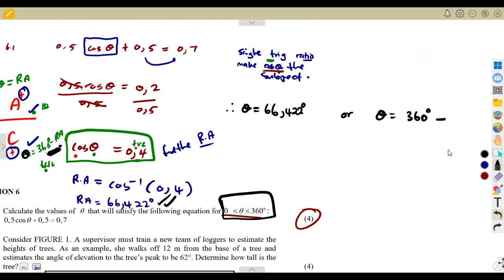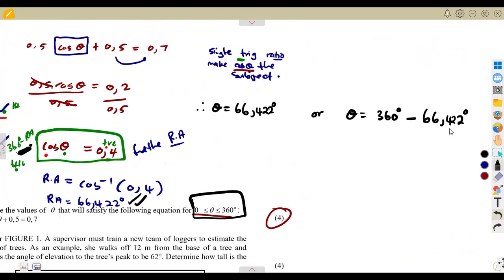And our reference angle is what? 66,422 degrees. That is how you can answer this question. So there we have got our theta. Our theta in this case gives us 293,578 degrees.